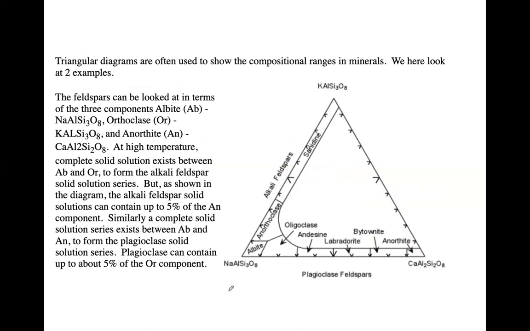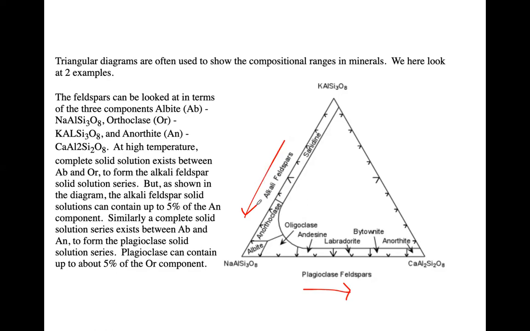So you can get the feldspar ternary diagram here. There you can see the compositional variation of feldspars, alkali feldspar series and plagioclase feldspar series. So those two are end-member compositions, right? Those two are solid solutions actually.